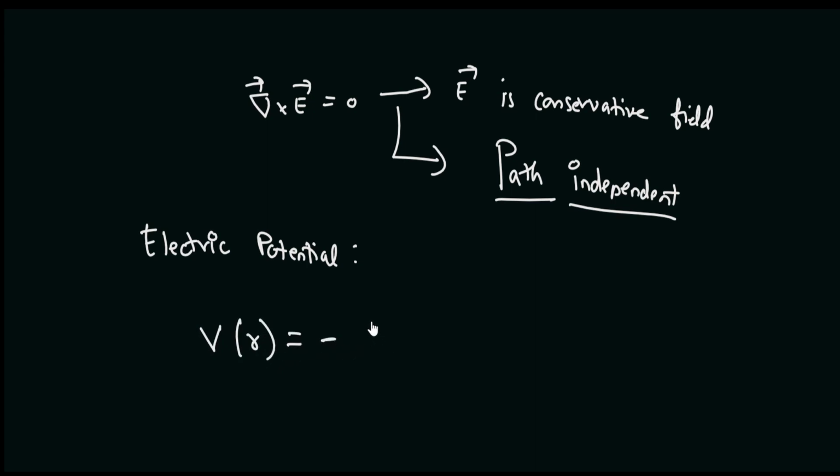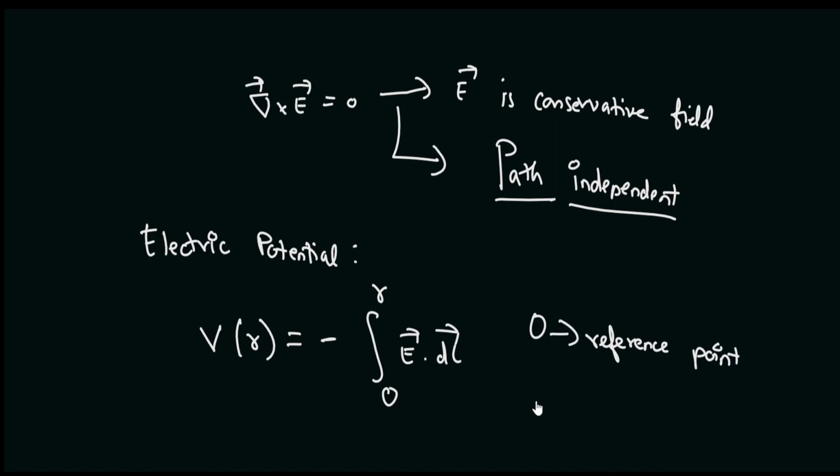It will be equal to minus the line integral from O to r of E dot dl, where O will be some standard reference point. Usually we take O to be infinity, and we say that the potential at infinity is equal to 0.